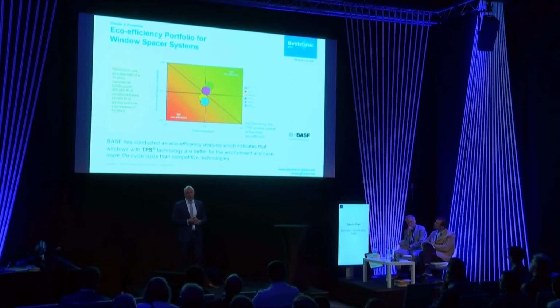They found out that the TPS is the most economically efficient system that you can get on the market when you calculate everything, beginning from the production process and later on in the installation of the building.